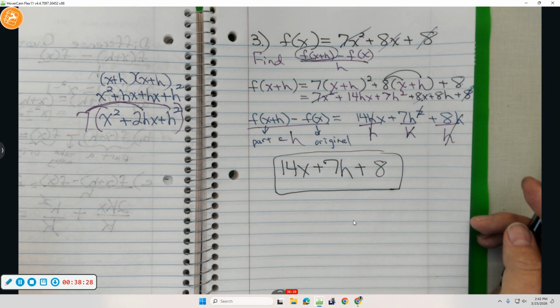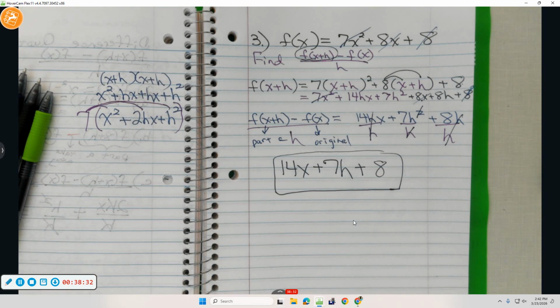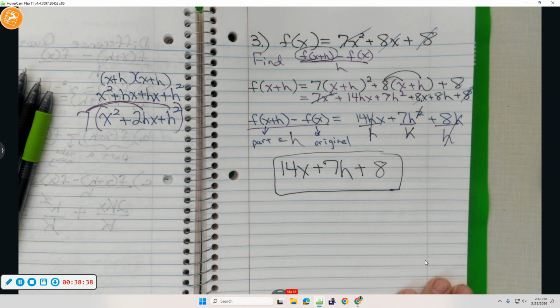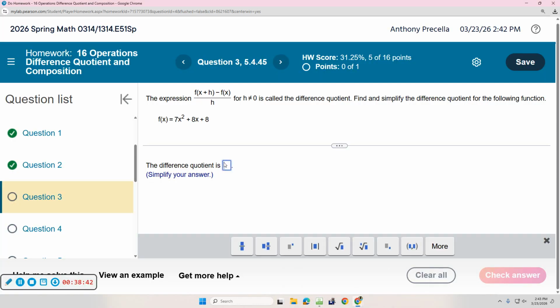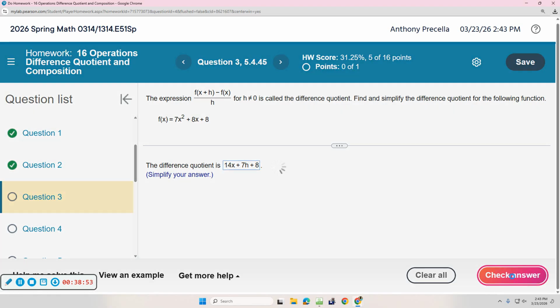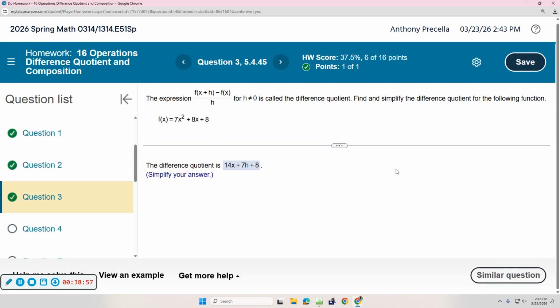So 14x plus 7h plus 8. Any questions there?